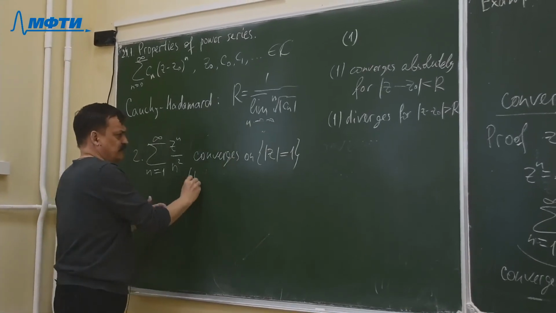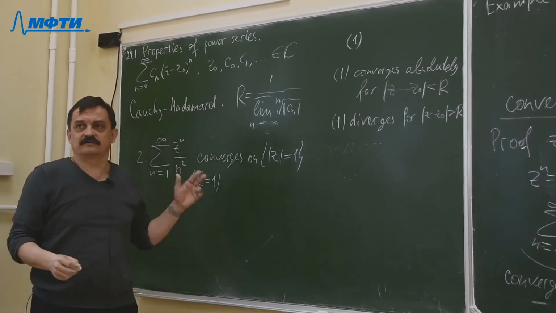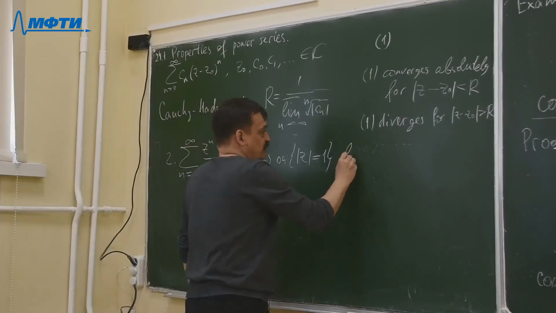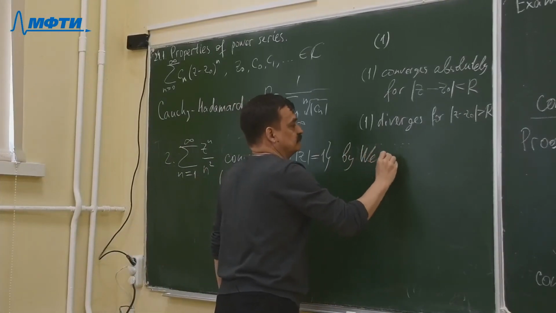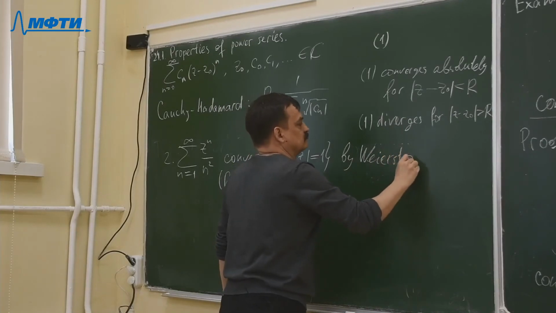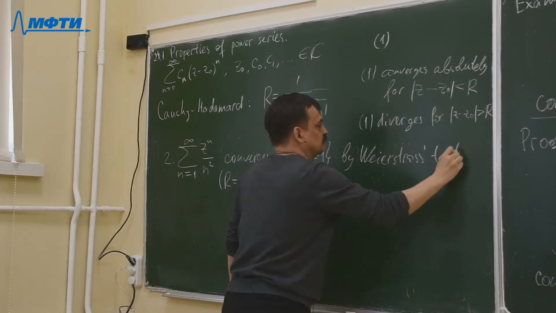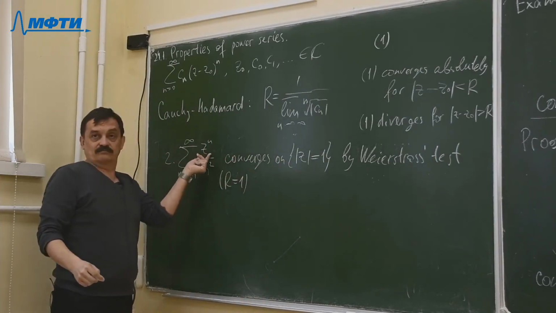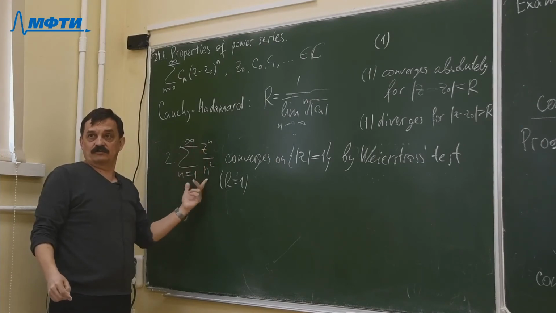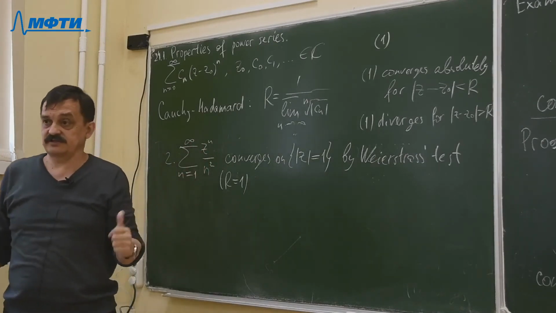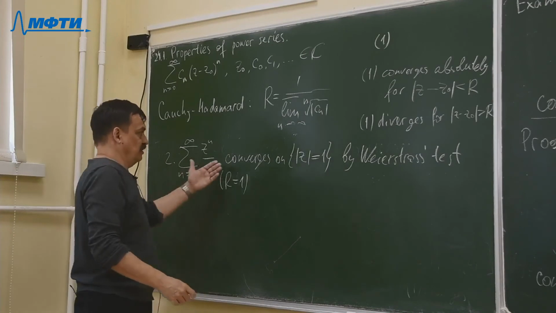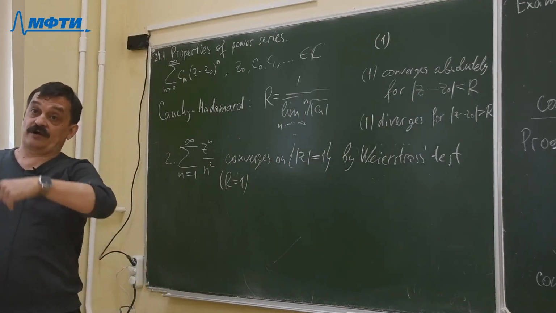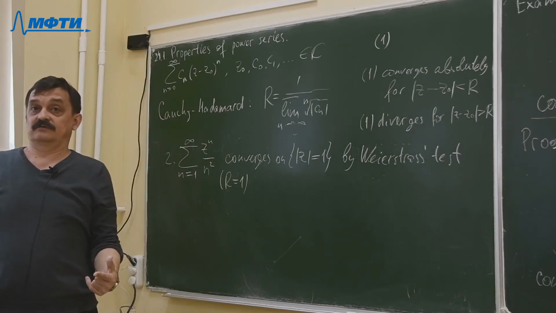Of course, here once again r equals 1, because just take squares, by the Weierstrass test. Because we replace by 1, right? And 1 over n squared is a convergent series. So here our power series converges everywhere on the circle of convergence, right?